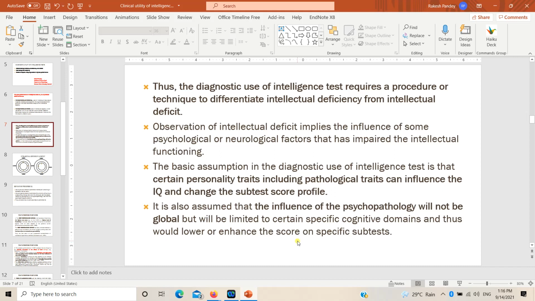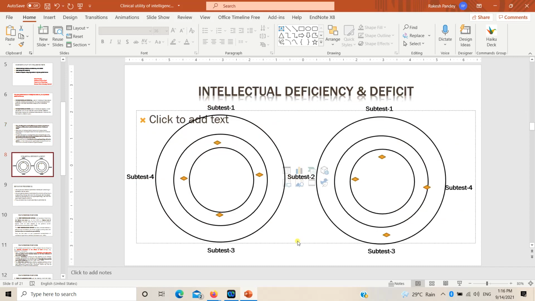All the subtest scores will not be equally lowered, but it will be limited to certain specific cognitive domains. Therefore, it will result in low test performance on some subtests and better performance on other subtests, and you saw that in this pictorial diagram.